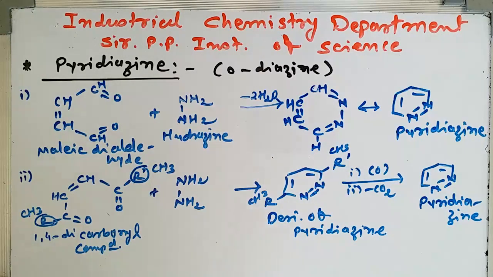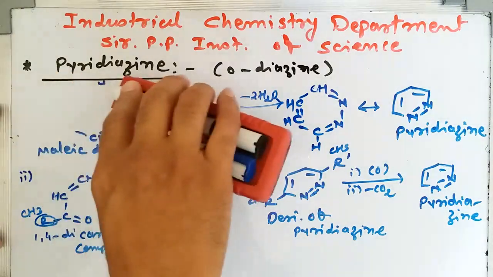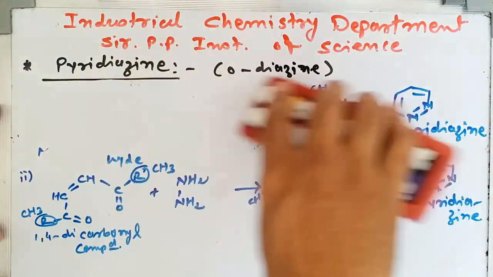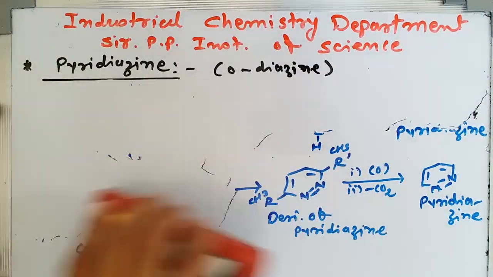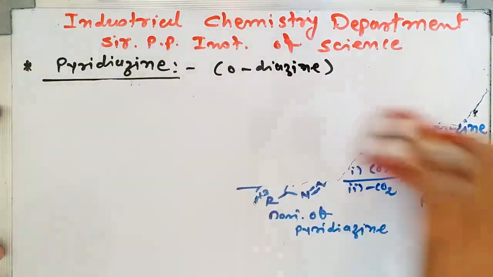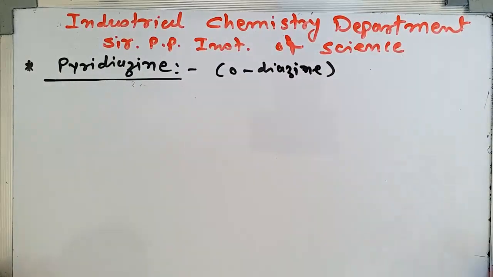Now we see the properties of pyridazine. Pyridazine is a liquid, and it contains nitrogen, so it is a weak base.